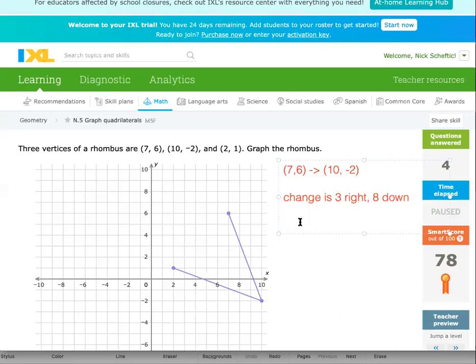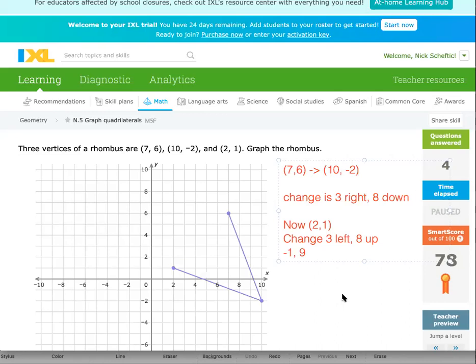Okay, so now we're looking at the point 2, 1, and we're going to do the opposite. So change is going to be 3 to the left, and then 8 up. Okay, so that new point should be -1 and 9. So that should connect my rhombus.